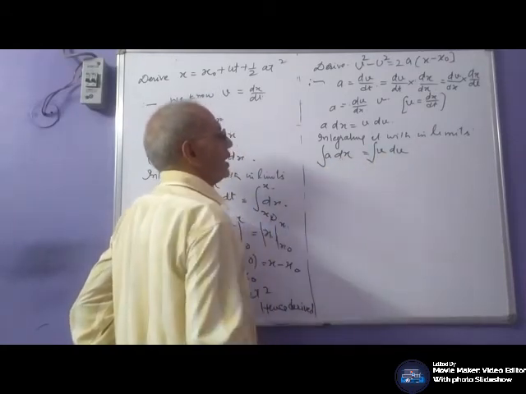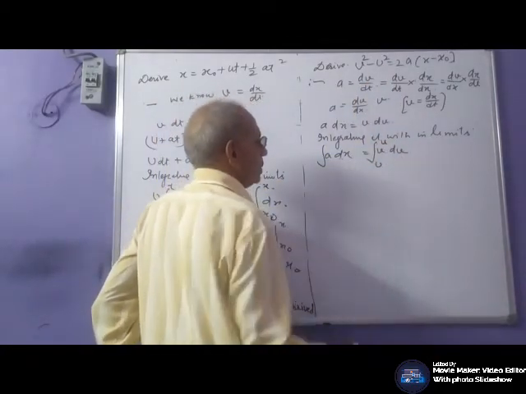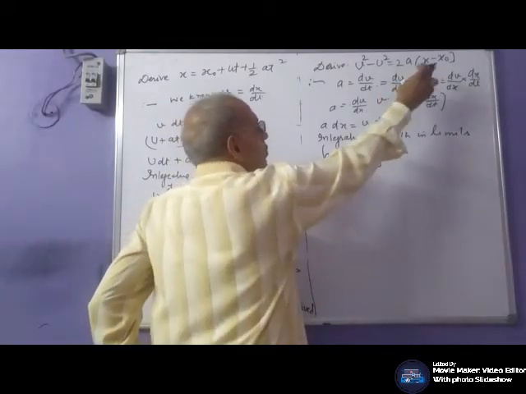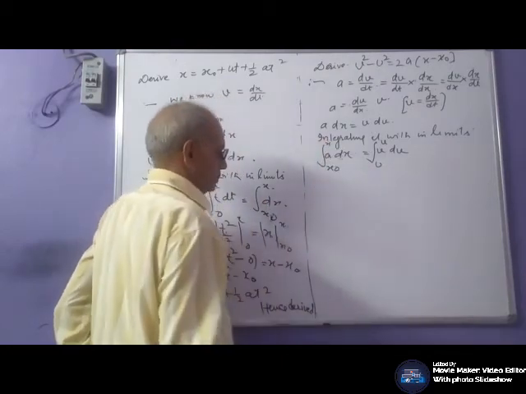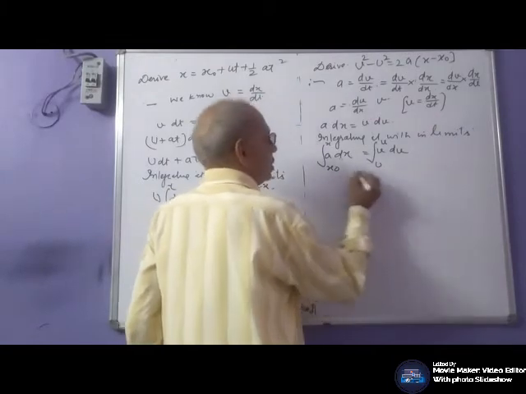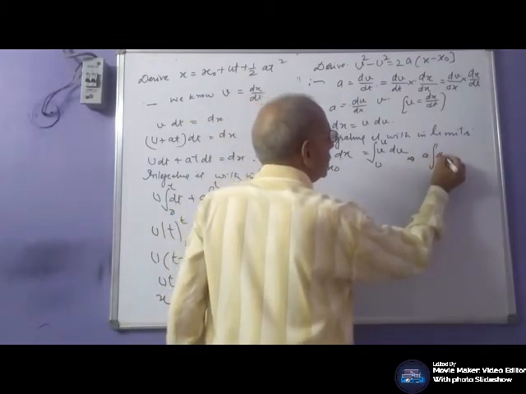Velocity is variable. There are two velocities, u and v, lower, higher. Two distances: for u initial velocity, it is x naught, x. A outside, constant.